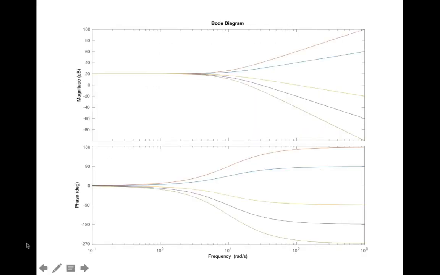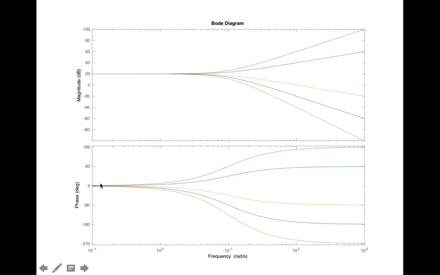Okay, so if we look at how that would go, not for this function, but just for this term. This is illustrating s plus a to the n, where a, looks like I chose it to be 10 radians per second. Yes, 10 radians per second. So notice that this blue line is where n is equal to 1.